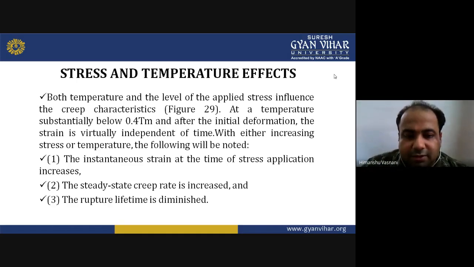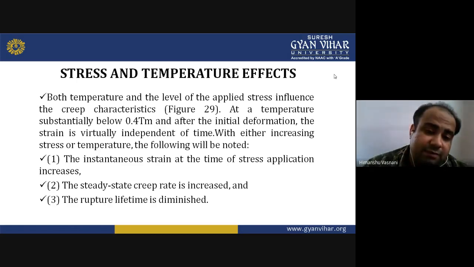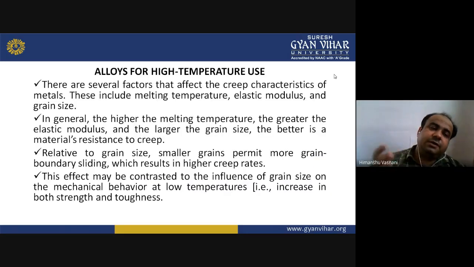In the diagram you can also see how the temperature and the stress are described.